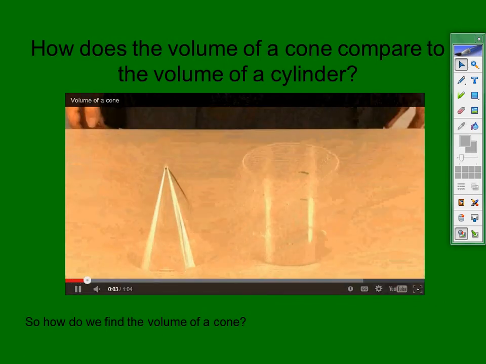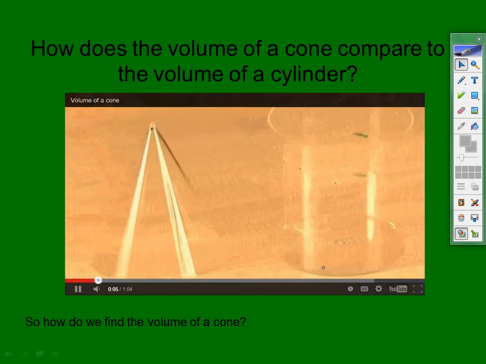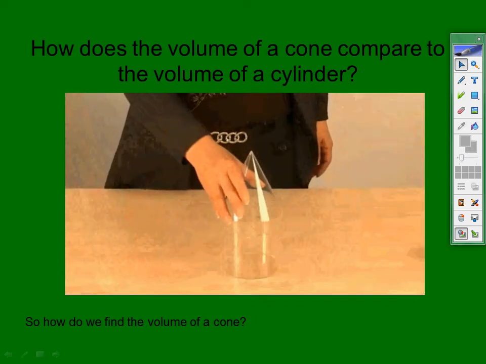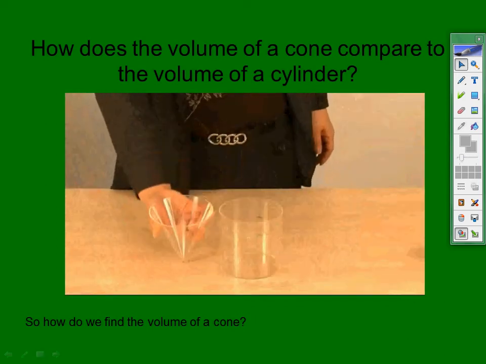In this video, we'll demonstrate the ratio of the volume of a cone and the volume of a cylinder. We have a cone and a cylinder with the same diameter and height.